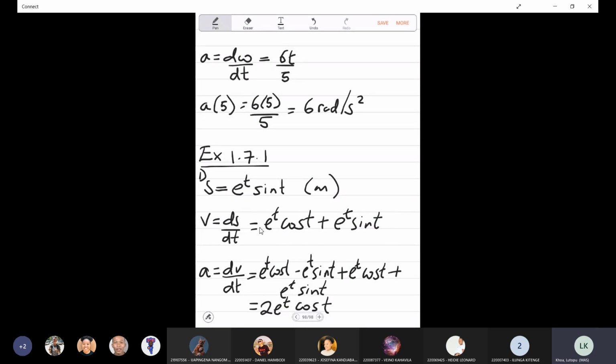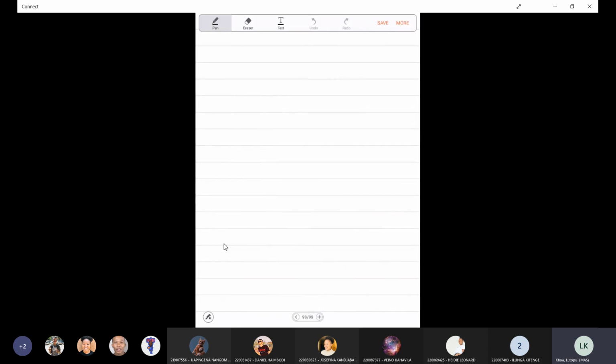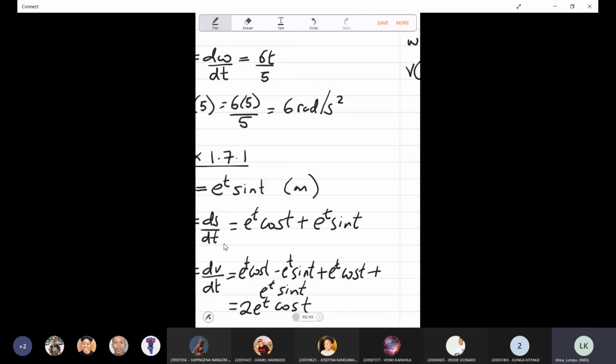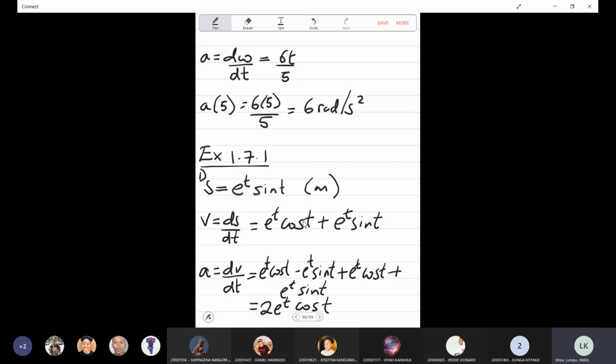So now I have my formulas for velocity and acceleration. I can substitute t equal to pi over 4. We say that when t is equal to pi over 4, the velocity is e to the power of pi over 4 cos pi over 4 plus e to the power of pi over 4 cos pi over 4.